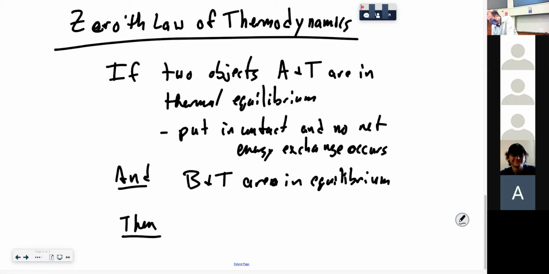Then A and B must also be in thermal equilibrium. Exactly.